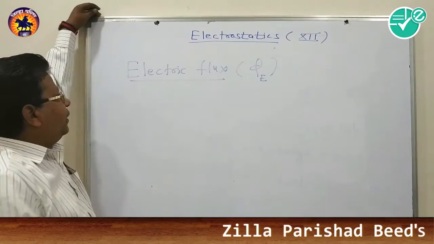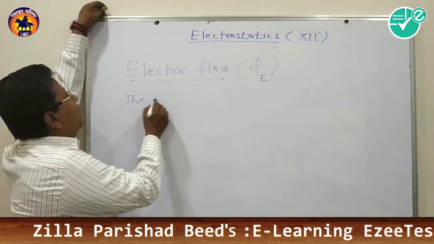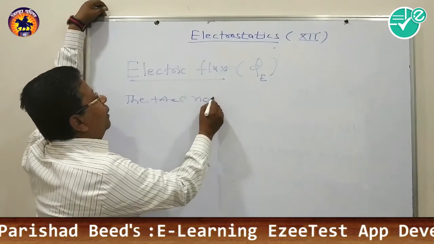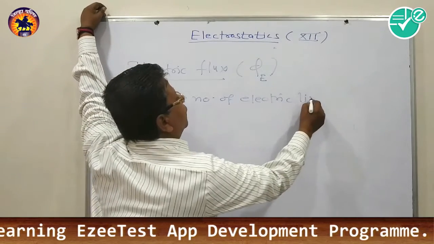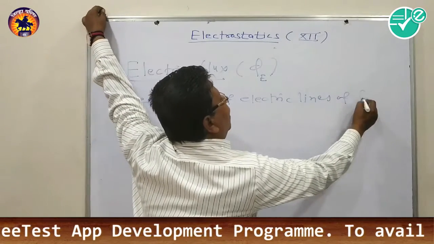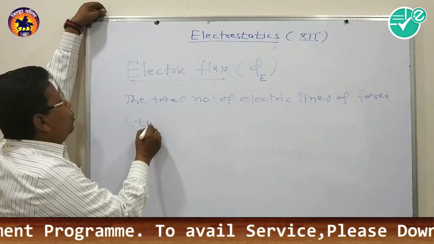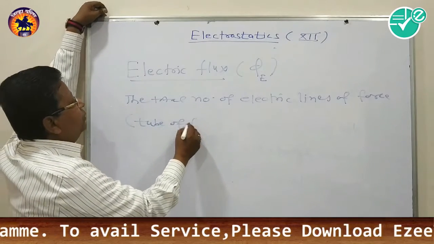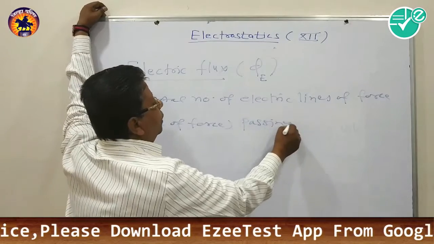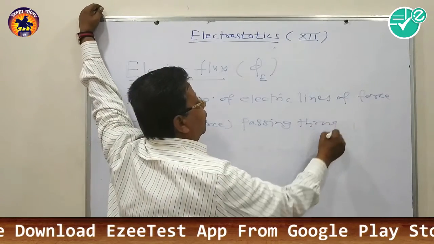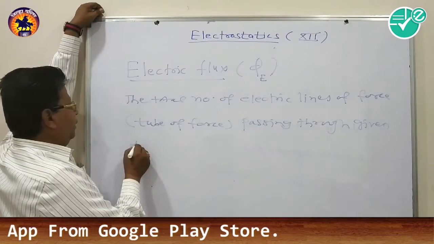So, electric flux is nothing but the total number of electric lines of force, or it is also called tube of force, passing normally through a given area in an electric field.